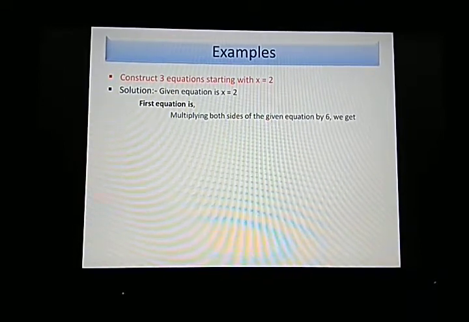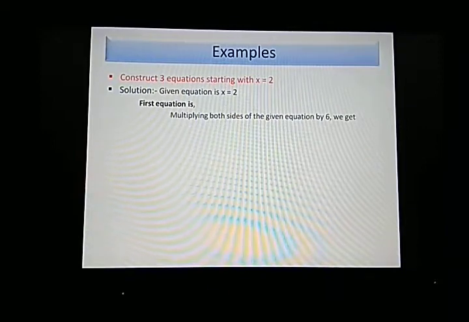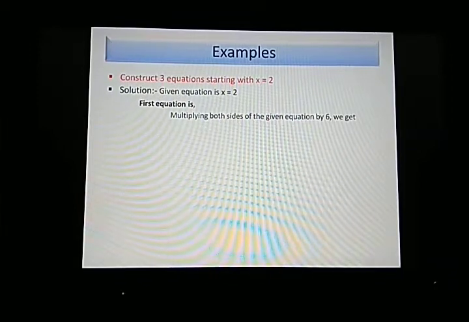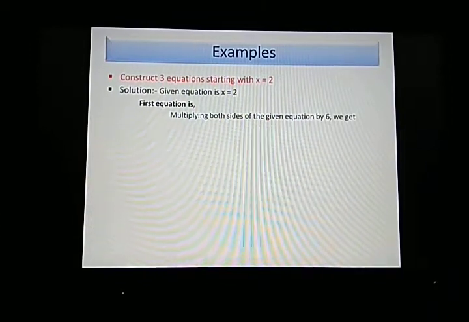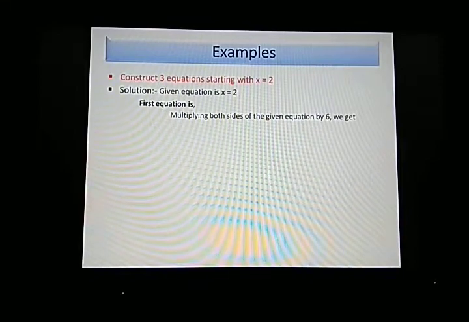Now you might be thinking why I have taken 6. You can take any number. There is no hard and fast rule that you have to take 6 only. You can take any number, as well as you can apply any operation on the given equation. Here I have done multiplication and I have multiplied both the sides by 6. Clear?